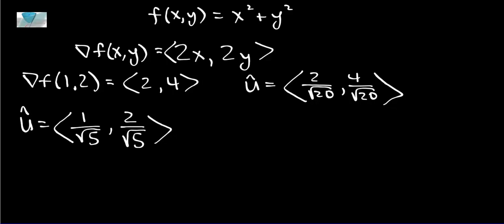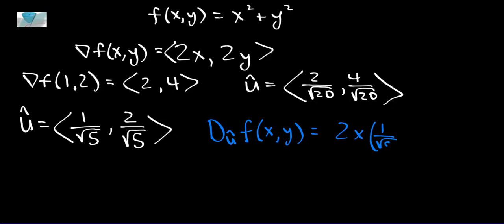Now we have our vector, and we're ready at this point to get the directional derivative. So here's the directional derivative in the direction of u. We're going to take 2x times 1 over the square root of 5 plus 2y times 2 over the square root of 5. There we go.